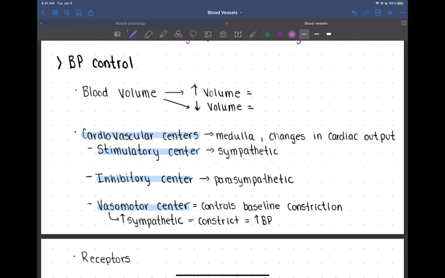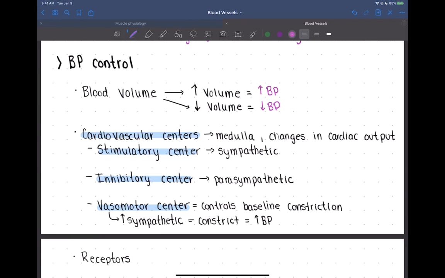So increasing blood volume will increase blood pressure, right? Because you're just adding more fluid to those vessels, so that's going to push out more on the walls of the blood vessels. So decreasing blood volume will decrease blood pressure. Okay?